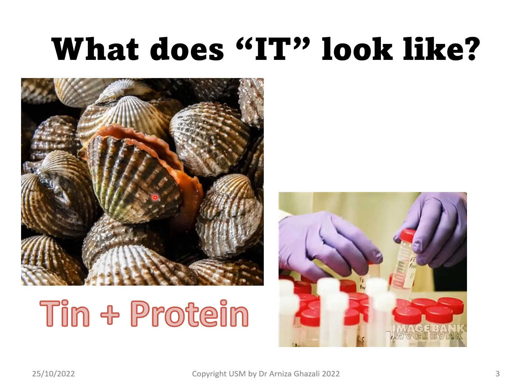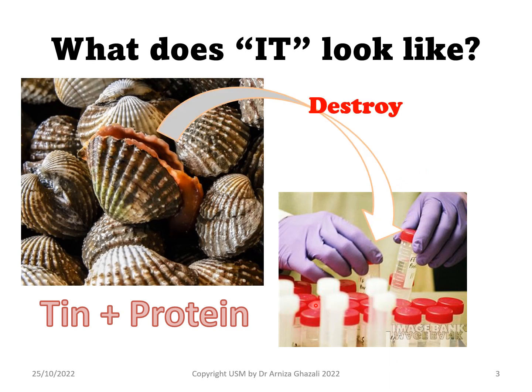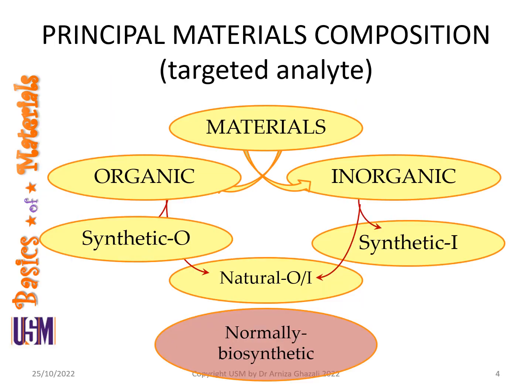So, how do we transform this cockle into an analyzable form, a liquid form of sample? Of course, in order to get tin out, one way is to destroy the protein matrix. Okay, so let us look at how it is possible to destroy a protein sample matrix.